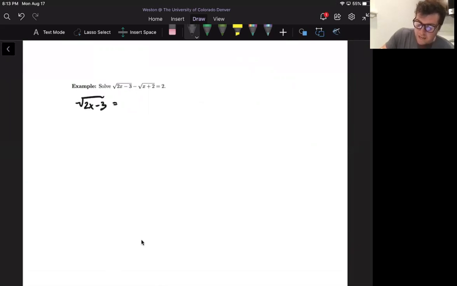So we'll just add the square root of x plus 2 to both sides. So that way we have the square root of 2x minus 3 equals 2 plus the square root of x plus 2.